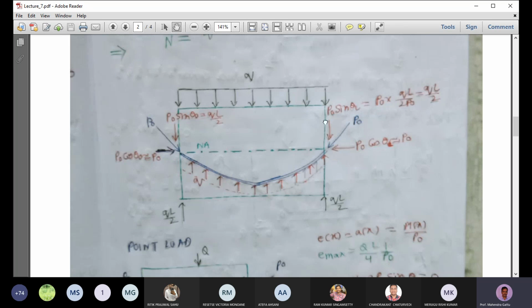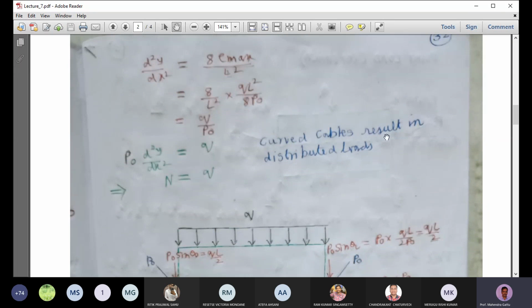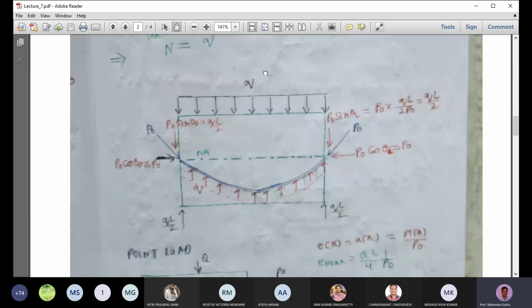So the main result from this analysis was that curved cables result in distributed loads, and this is how the load balancing happens in the beam. We have this distributed force which is balancing that Q value. So when we do indeterminate structure analysis for these pre-stressed concrete beams, maybe we have to use this force approach.